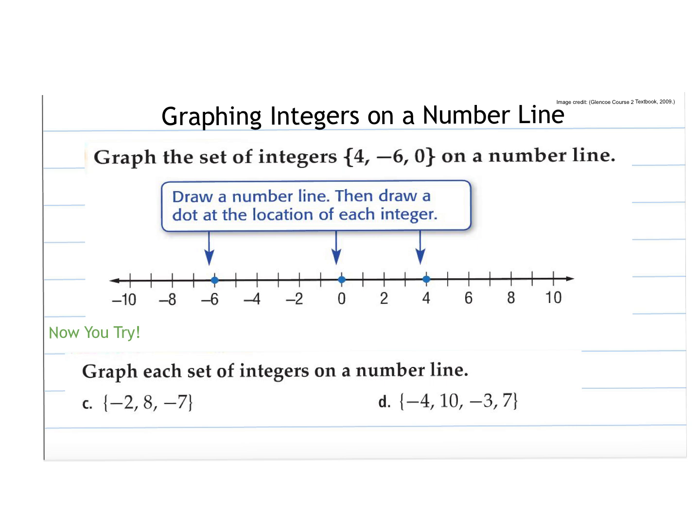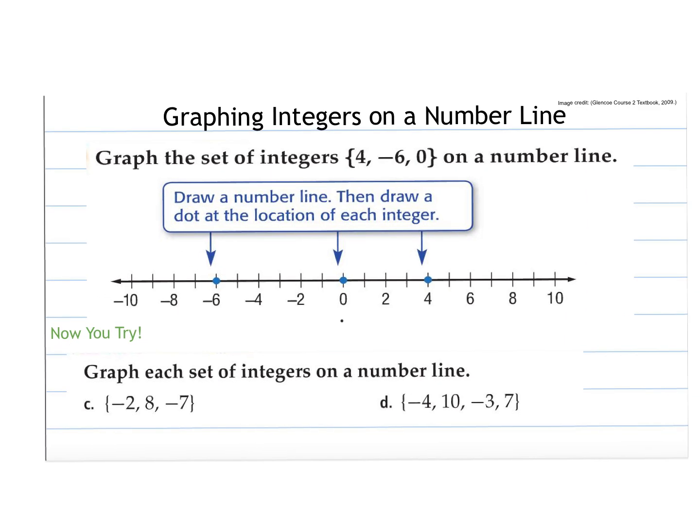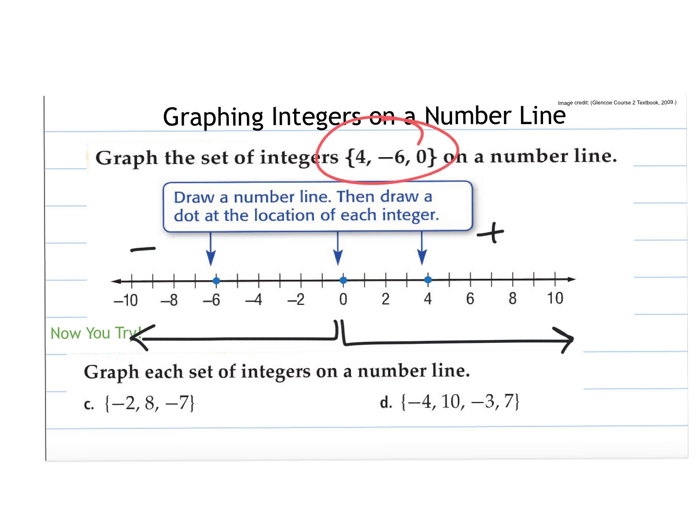When we're looking at a number line, we want to make sure that we understand that numbers to the right of 0 are going to be our positive integers, and numbers to the left of 0 are going to be our negative integers. So when we're graphing this set of integers, 4, -6, 0, we can always start at 0. 4 on a number line, we just count to the right, going positive. 1, 2, 3, 4.